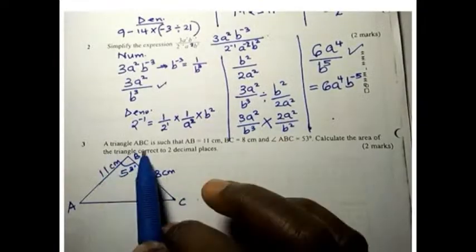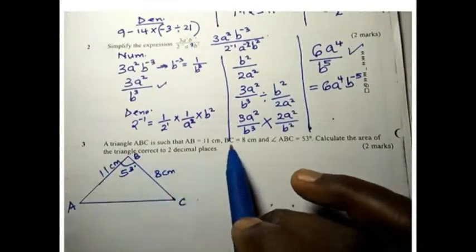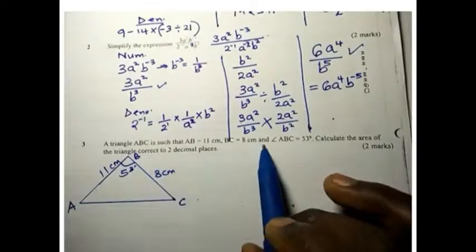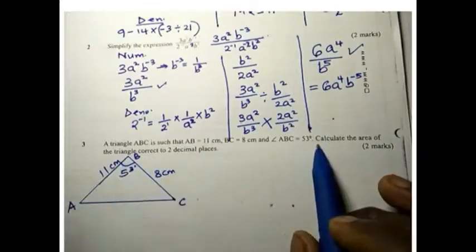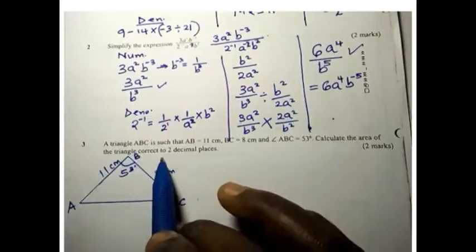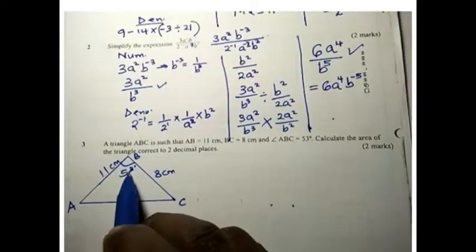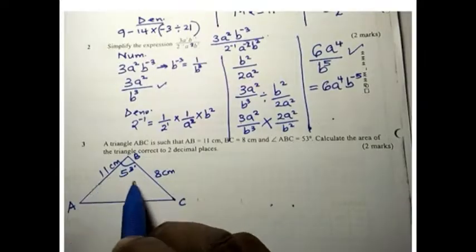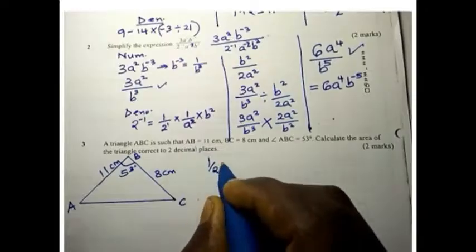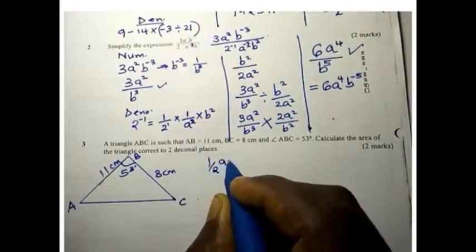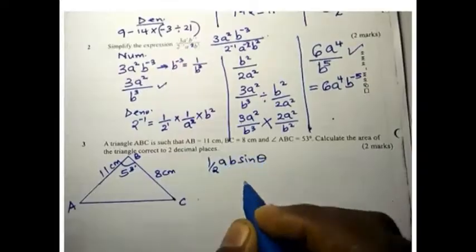A triangle ABC is such that AB is 11, BC is 8 cm, and angle ABC is 53. Calculate the area of the triangle corrected to 2 decimal places. We have one angle included and 2 sides, so we are going to use the formula half a b sine theta.